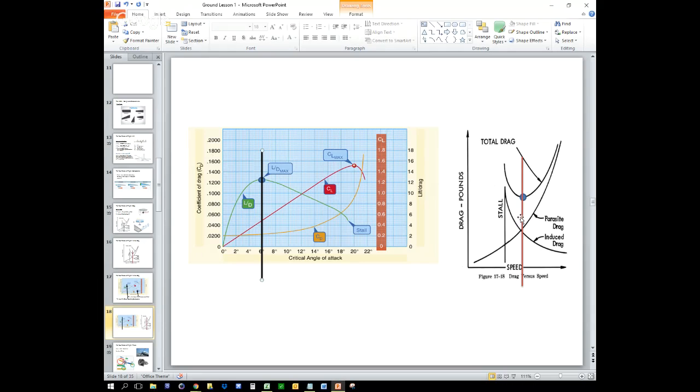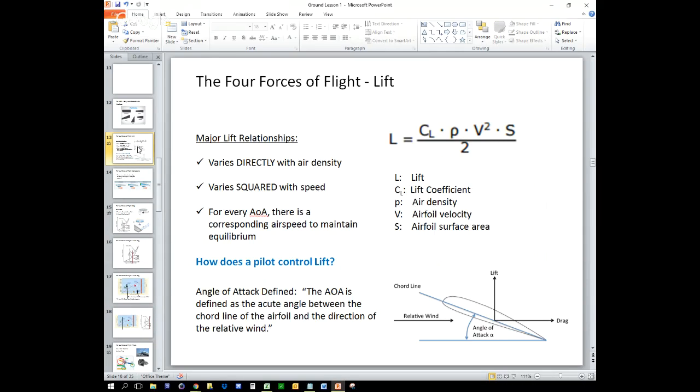So if you say, hey, I'd love to save gas, but I really need to get where I want to go, and you're up here from a speed standpoint, your parasite drag is going to go up exponentially. By the way, I didn't show the equation, but the drag equation looks very similar to this.